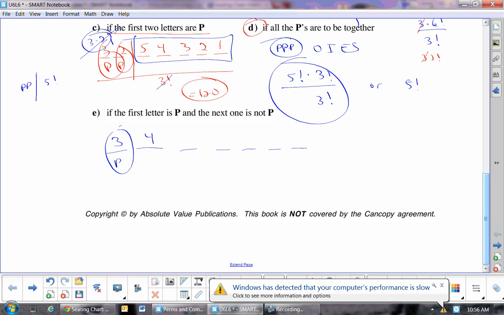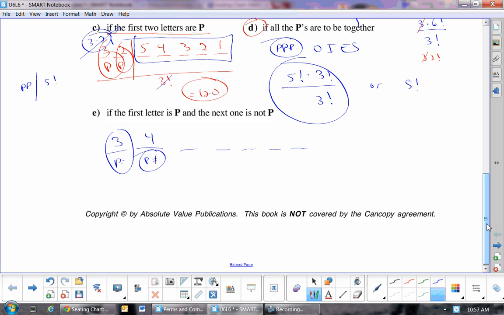Because this has to equal P. This one cannot equal P. There's only 4. Now, how many for the next? 5, 4, 3, 2, 1. And then I would divide by 3 factorial.